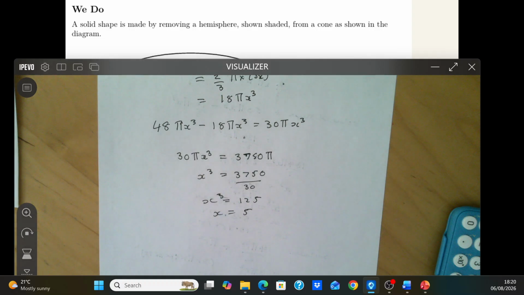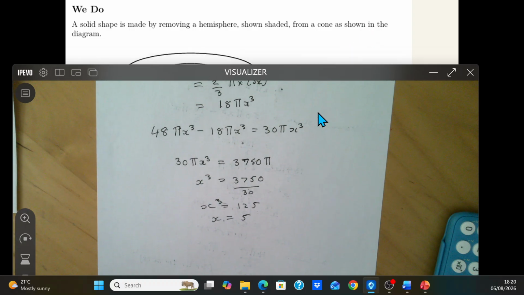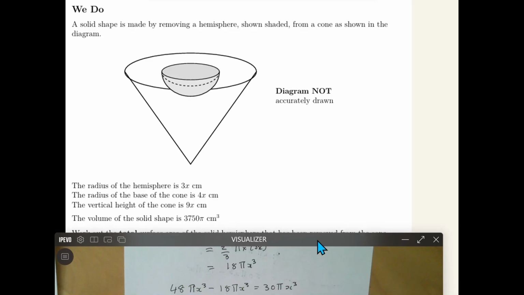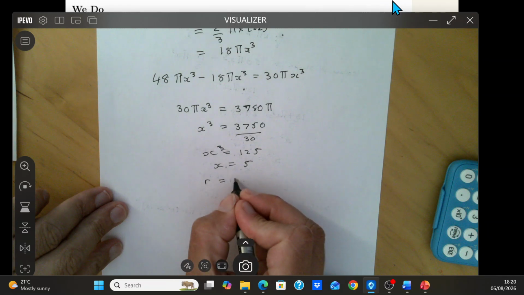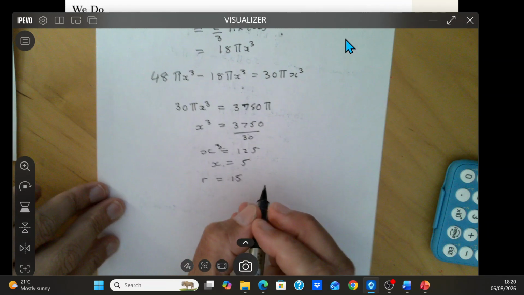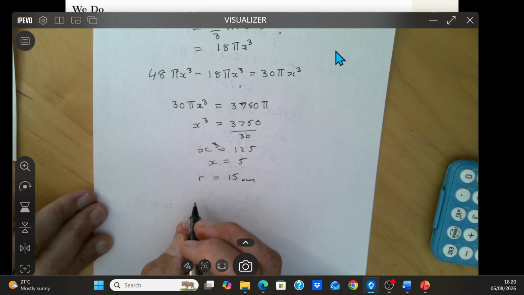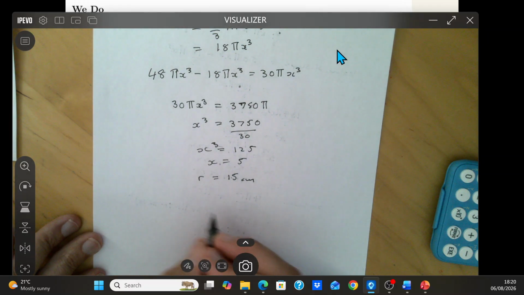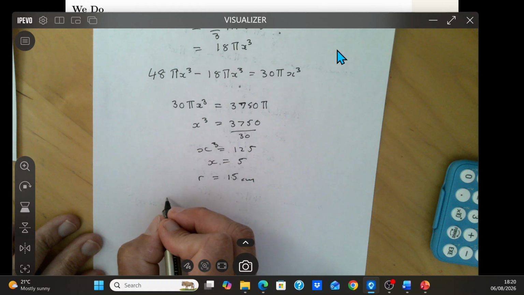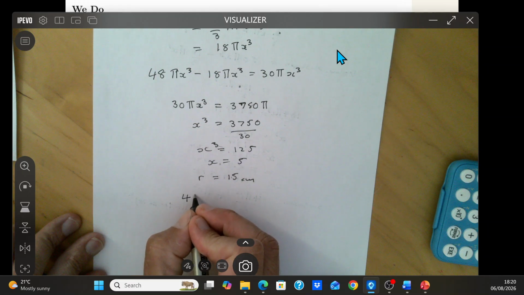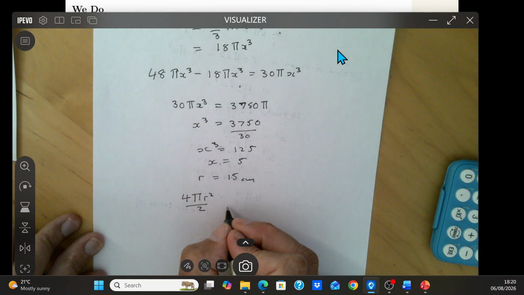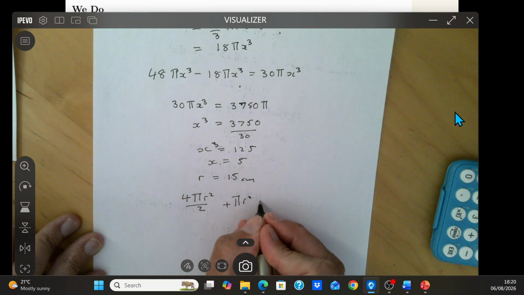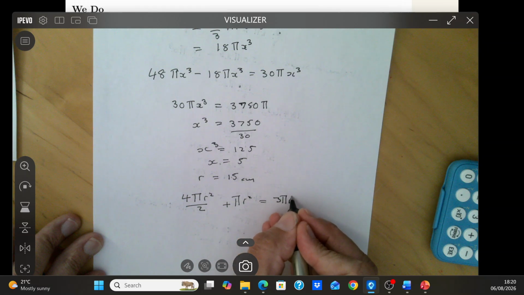What do I need to do? I need to use the x to find what? Well, the radius of this hemisphere, which is 3x. So my radius is 15 centimetres. So I need to now find the surface area of the hemisphere, which is 4 pi r squared divided by 2 plus pi r squared, which is 3 pi r squared.